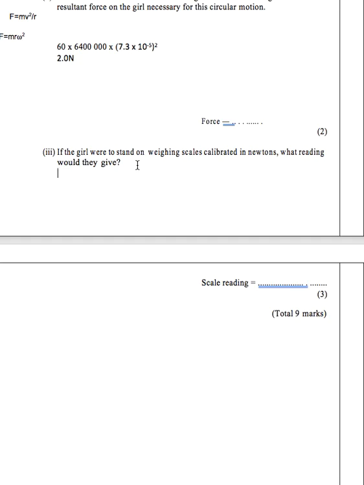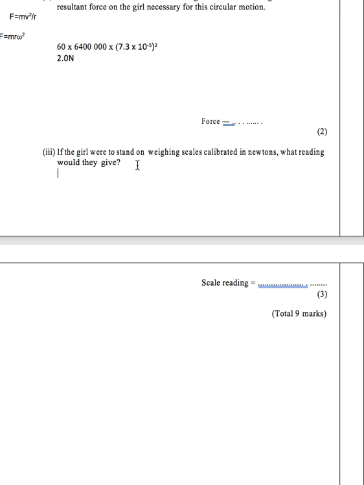So if the scales are reading the reaction rather than reading her actual weight, then the scales reading will fall by 2 newtons. And if you think about it, if you were to stand on a set of scales in a lift, when the lift was to move down, initially to accelerate down as it moves off, the reading on the scales would fall.